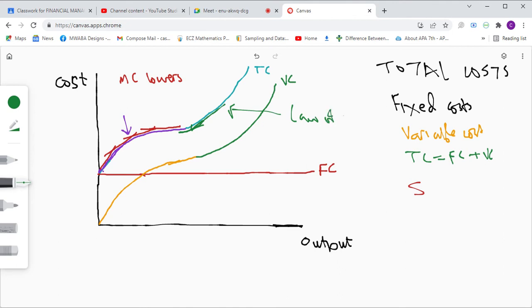Remember, the law of diminishing marginal returns states that as we keep adding one more of a variable resource to a fixed resource, eventually total output is going to decrease.